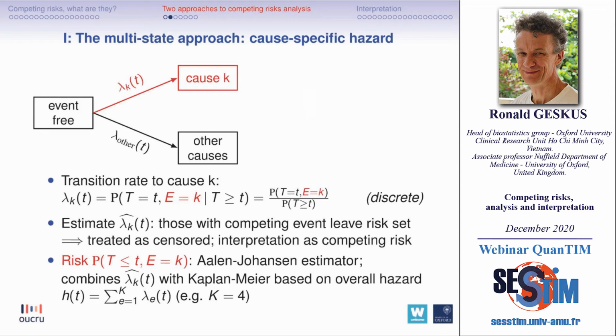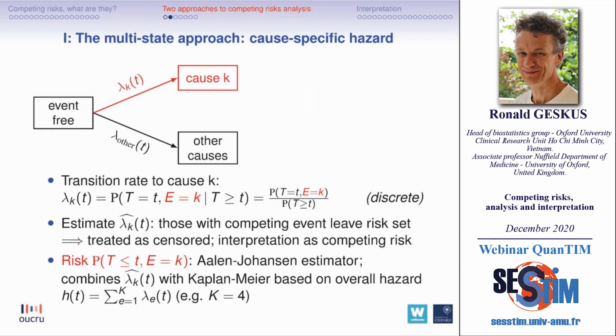For the risk, the cumulative probability, there is an estimator which is called the Aalen-Johansen estimator that is most frequently used in this multi-state approach. It basically combines the estimate of the cause-specific hazard with the Kaplan-Meier that is obtained by combining all the different competing risks. So in the example that I gave before, I looked at mortality, but I looked at 4 different causes of mortality.